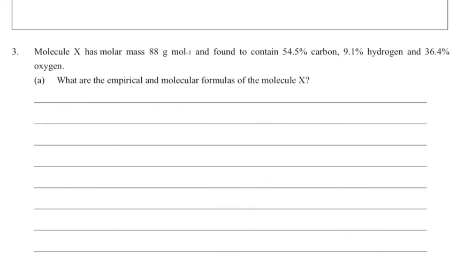Using the same way that we have done in the first question, we first label all the elements. We have carbon, hydrogen, and oxygen. And then first we write out the percentage by mass. Carbon contains 54.5, hydrogen contains 9.1, oxygen has 36.4.